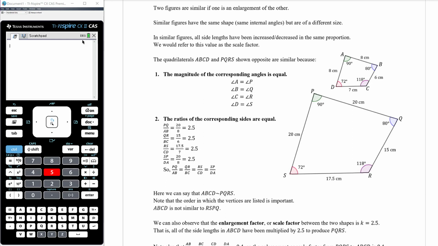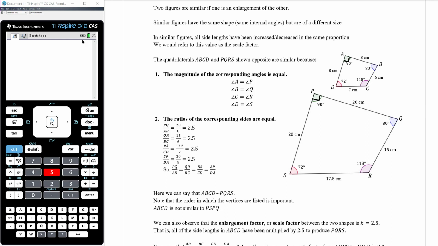So if we orient the shapes in the same direction so that they look exactly the same, just one being an enlargement of the other, we can see that vertex A corresponds with vertex P, and so the angle at A should be the same as the angle at P. Actually that one's 90 degrees, so that one should be labelled that way.